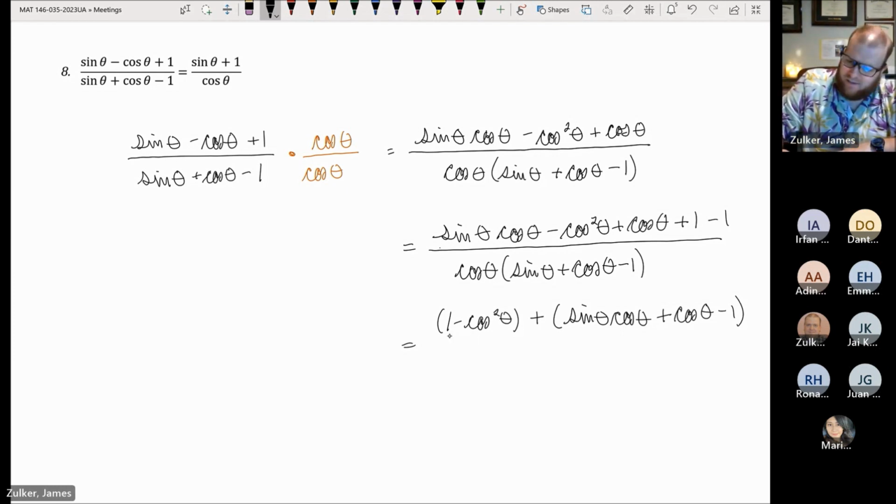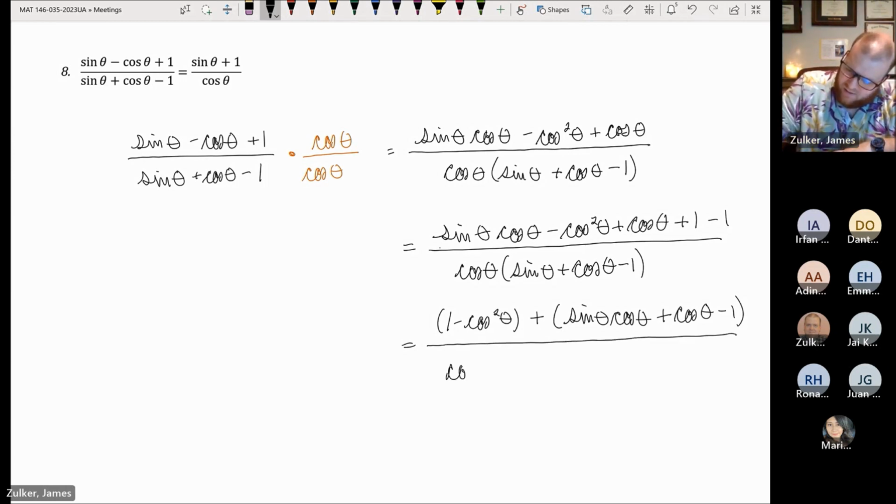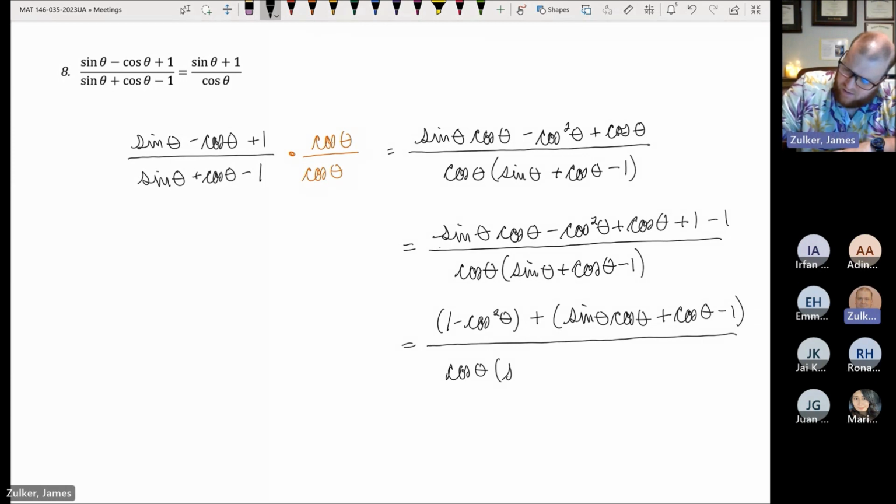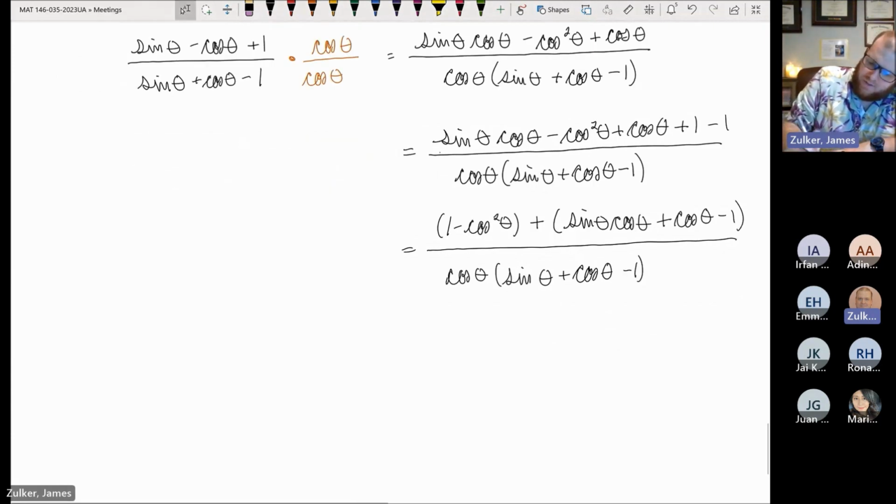Right? Oh wait, I still need the denominator. Right, I'm going to add it over here. This is now sine squared.